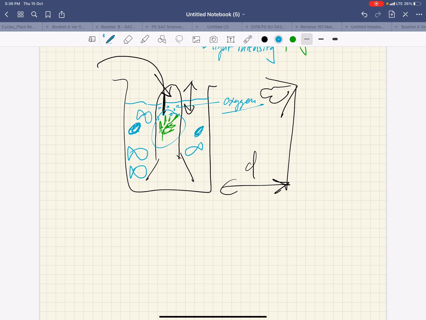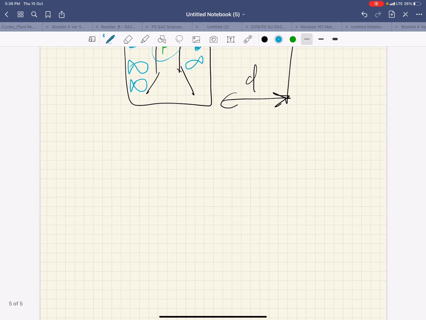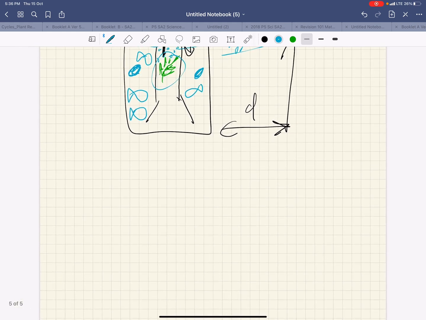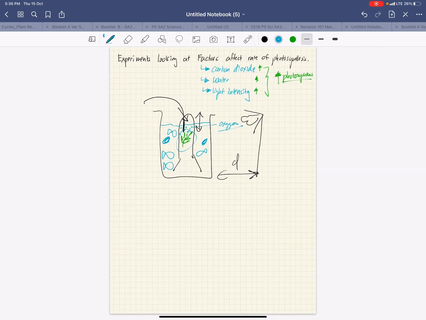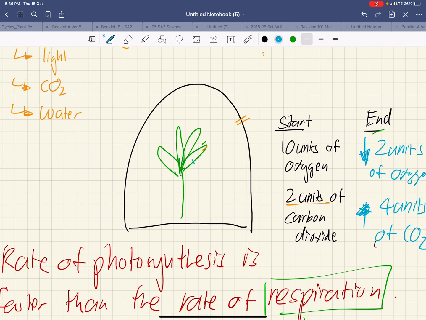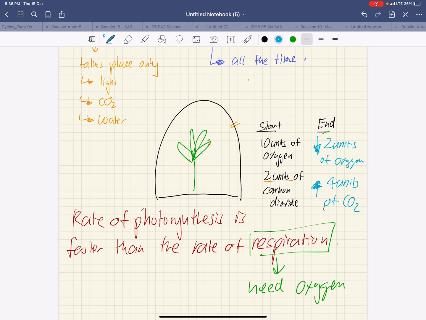So when you think about it, there are many ways that they could test you on the rate of photosynthesis. They can even test on the composition of the air. For example, in the previous experiment that I talked about, just by looking at the composition of air, you can tell whether photosynthesis has occurred.